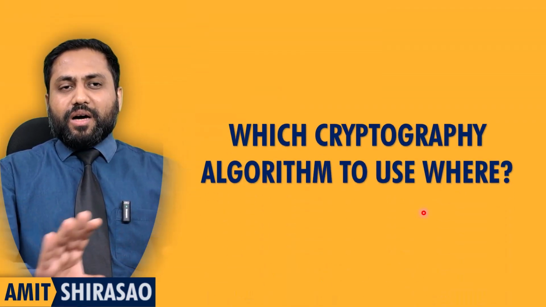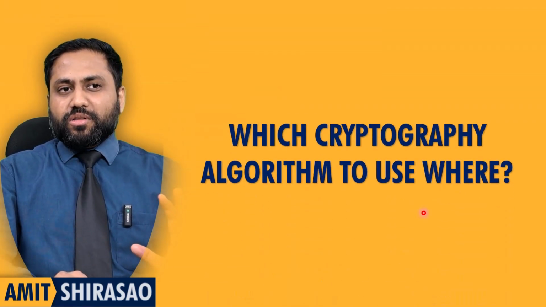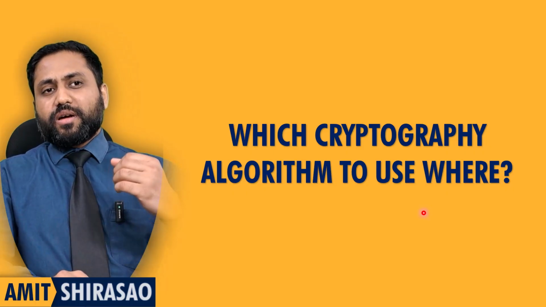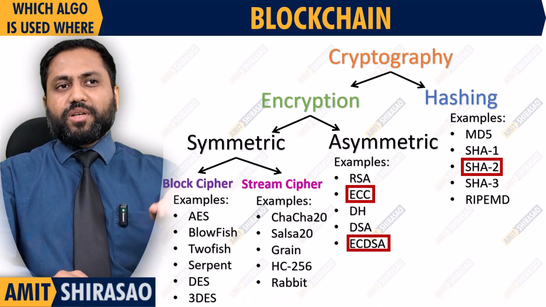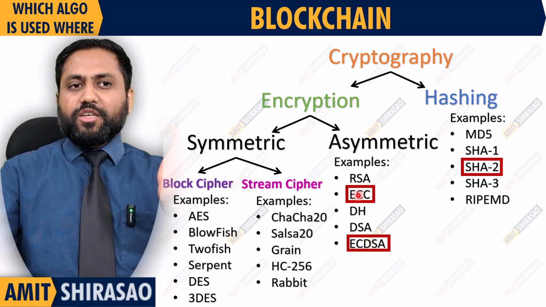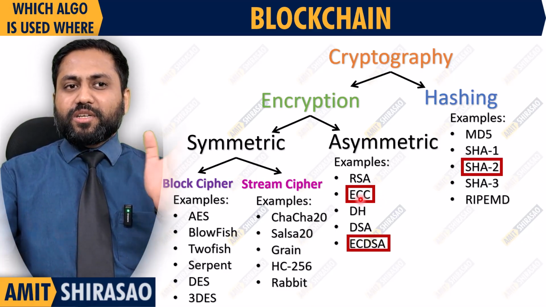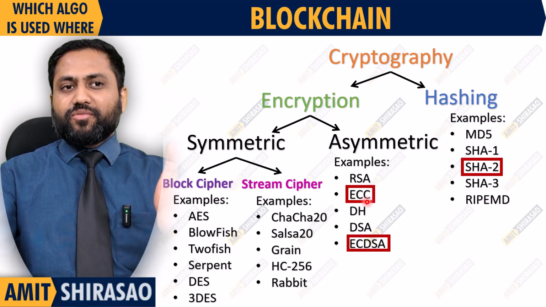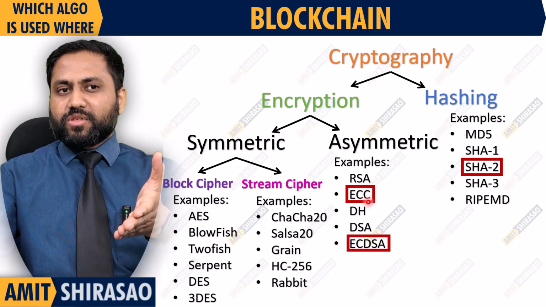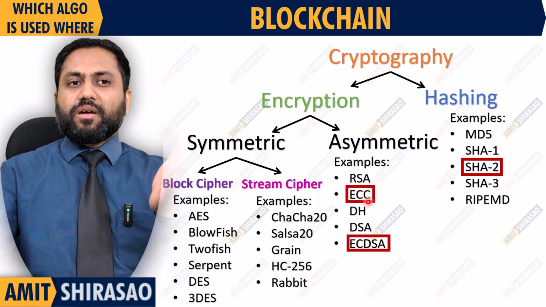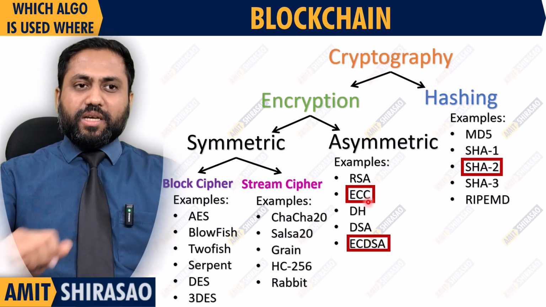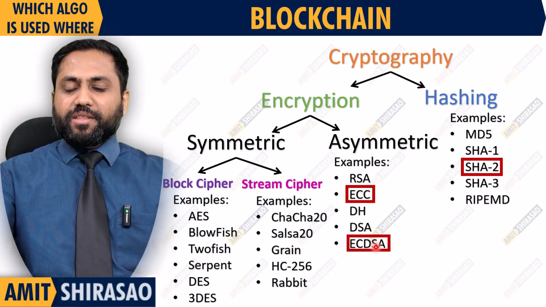So now let us see which cryptographic algorithm will you use in which place. For example, in blockchain, they use ECC, that is elliptical curve cryptography algorithm for asymmetric encryption. That means sharing the key.